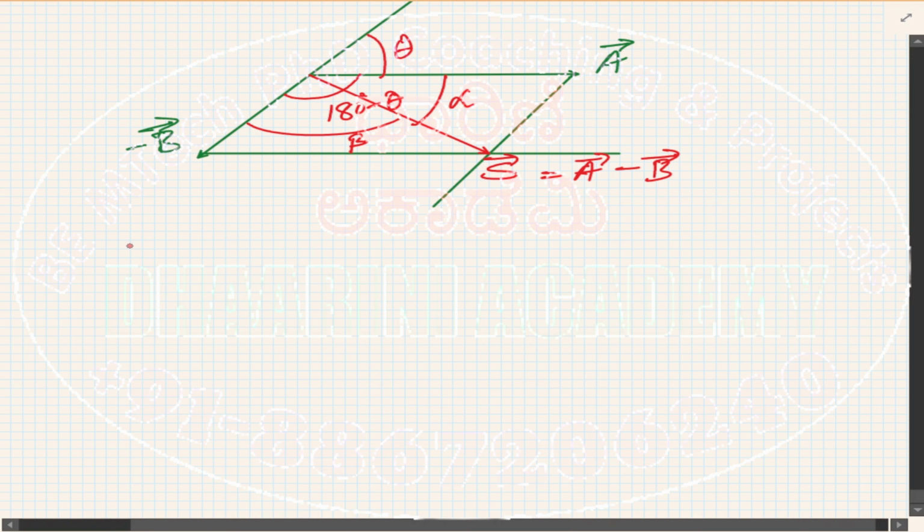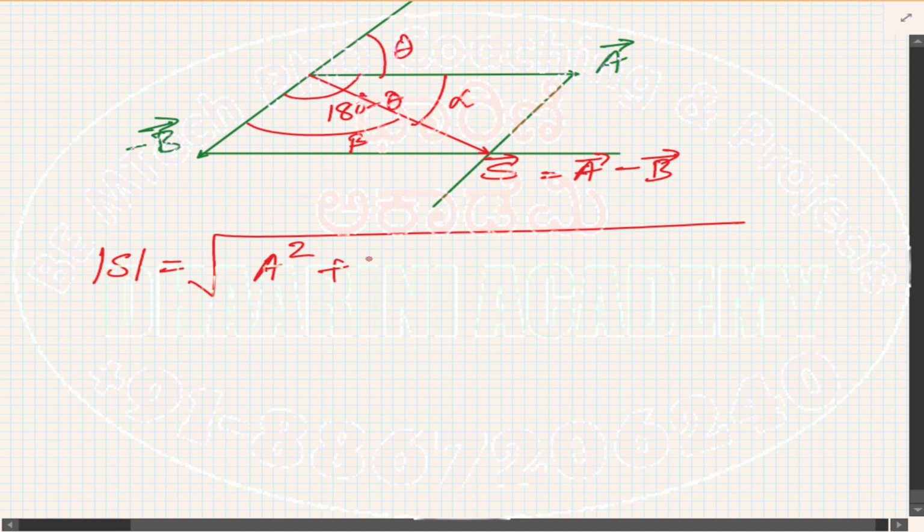In the previously written equations for the magnitude of S, now we'll write this as root of magnitude of A squared plus magnitude of B squared plus 2 times magnitude of A times magnitude of B times cos of the angle, which has now changed to 180 minus theta.